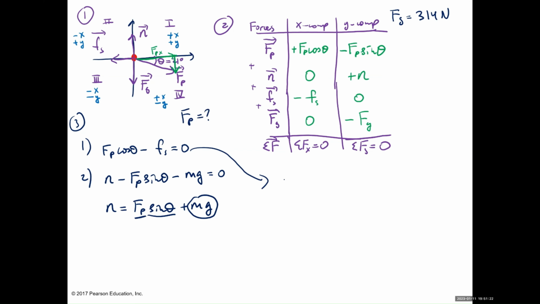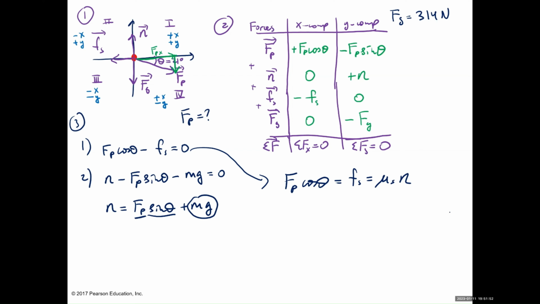If I'm looking at equation 1, what I have here is Fp cosine of theta equals Fs. But as I said, Fs is mu s times normal force, and right now I don't have the normal force. I don't have Fs. That means at this point I have two unknowns, right? Normal force and Fp.